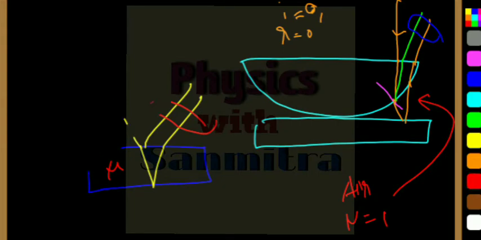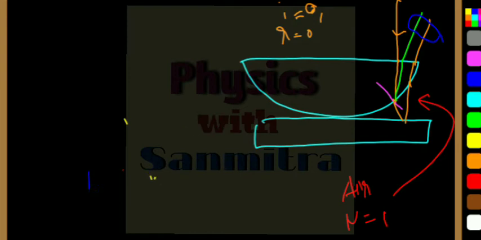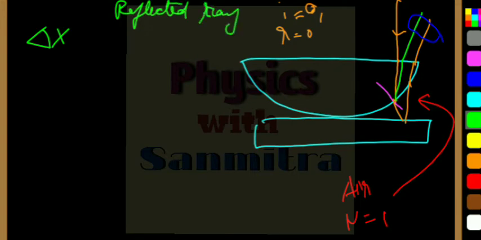Now what we have to do here is, let's see, our path difference for the reflected ray was 2 mu t cos r plus lambda by 2.